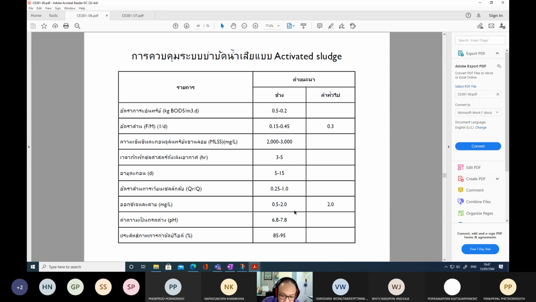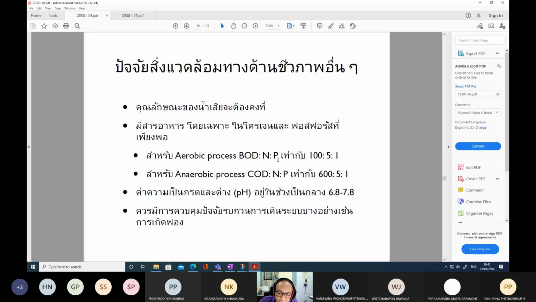For example, if we maintain dissolved oxygen around 2 milligrams per liter, the pH in the proper range, and of course the temperature in the appropriate range. If we maintain sufficient nutrients, nitrogen and phosphorus, and all these environmental conditions in a proper range, there are not supposed to be any filamentous bacteria growing.